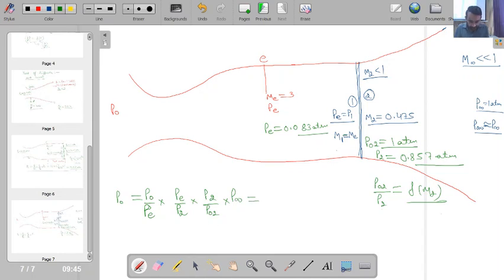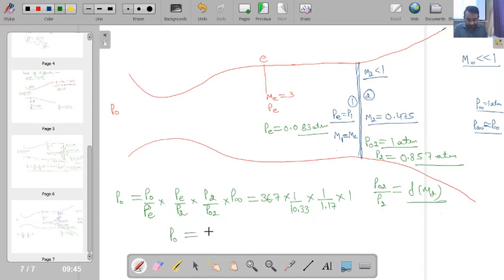If you calculate this, the first pressure ratio is known to us from the nozzle, 36.7. The second pressure ratio is across the normal shock wave, that is also known to us from the previous section. The third pressure ratio is P2 by P naught 2, this is also known to us, 1 by 1.17. And the last is P naught 2 by P infinity.